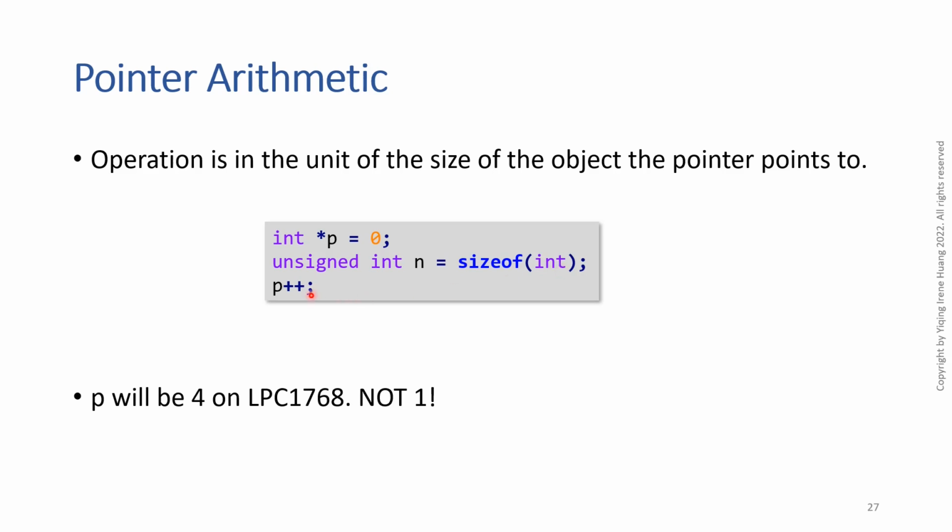Now I increment p by 1. But that doesn't mean increment the p value by 1. It means increment the p value by the size of the object. And that's 4. So after this operation, I get 4. I don't get 1. That's very important.